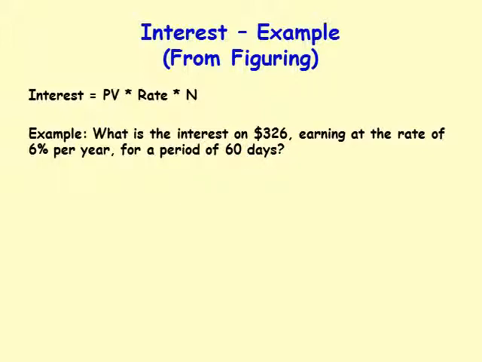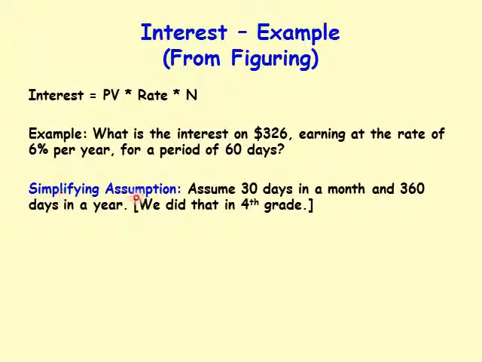Let's continue here. We'll make some assumptions: 30 days in a month, 12 months in a year, and 360 days in a year. We also did that same thing, assumptions, in my 4th grade when we learned interest.